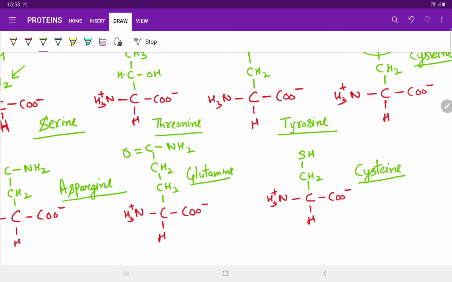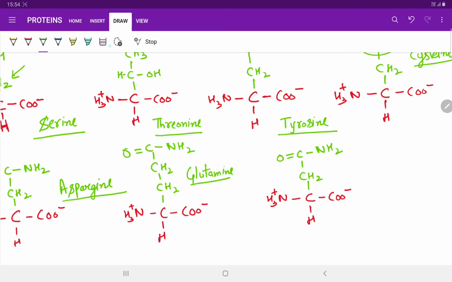Now instead of a sulfhydryl group, if an amide group is added, it will form asparagine. See here, an amide group. If an amide group is added, what is formed? That is asparagine. And if an extra CH2 group is added here, then it will form glutamine.